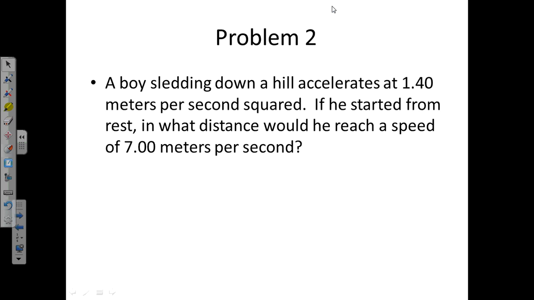So I'm going to write down over here on the board some stuff so I don't forget it. And then we'll put it on that smart board in a second. All right, so he starts off at VI is 0. He accelerates at 1.4.